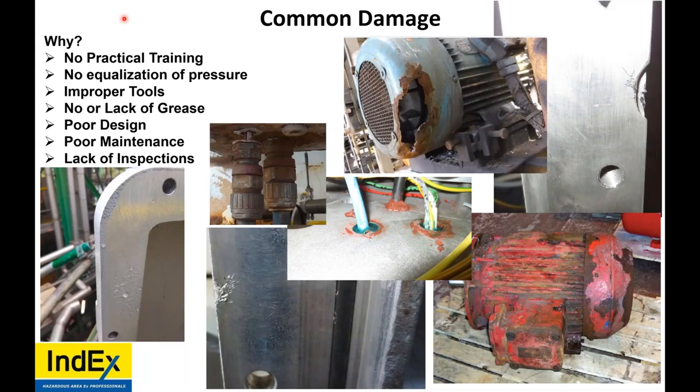Now, when we look at common damages of EXD devices, well, there's many. Corrosion, water ingress is a big problem, whether it's in the device or not. Rust, damages on the edge, probably from somebody with a screwdriver.